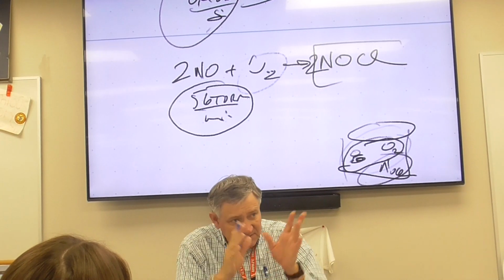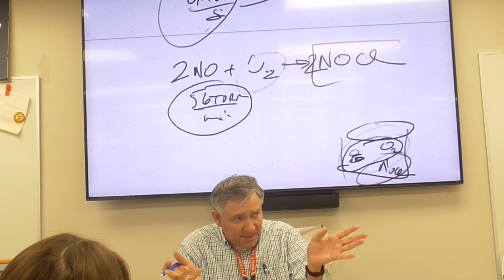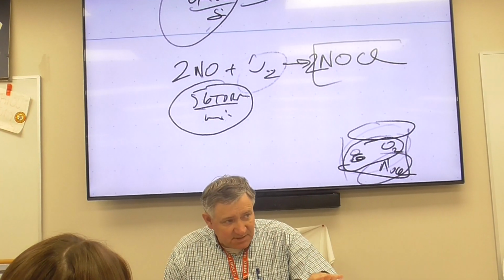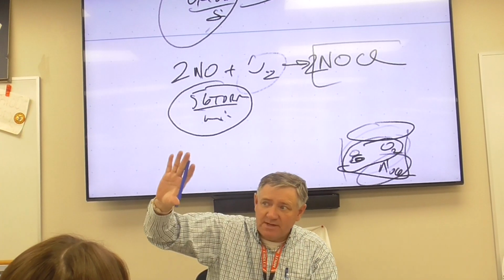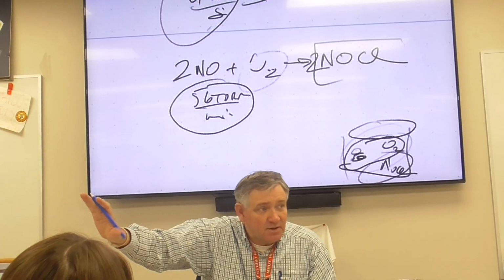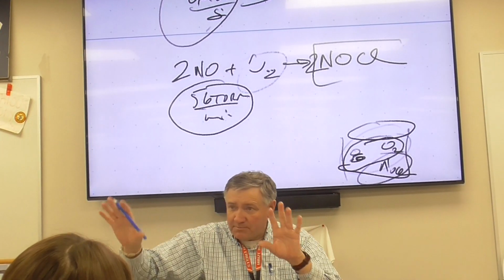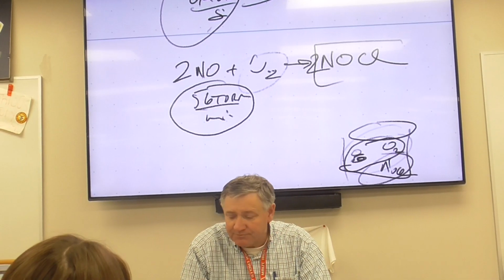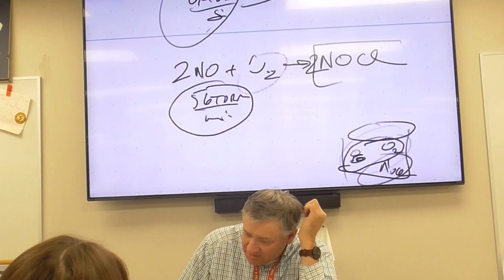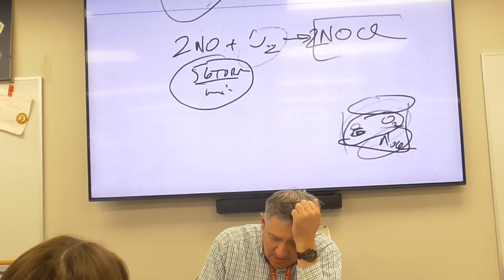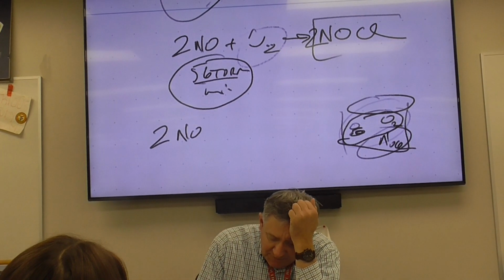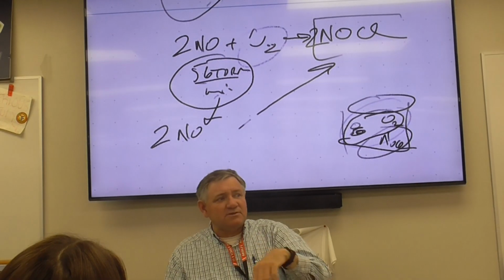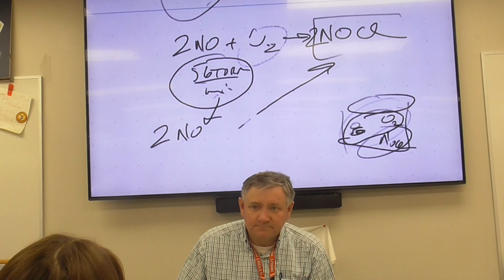So if you look at this, there's my big idea. If you can figure out the rates at which things are decreasing, and then compare that to the rate at which something is increasing, then you can make an overall comparison in the change in the pressure. Does that make sense? Okay? So if you look at this, you've got your NO, right? So if that's at 56 torr per minute, what's the rate of increase in the pressure of the NOCl?